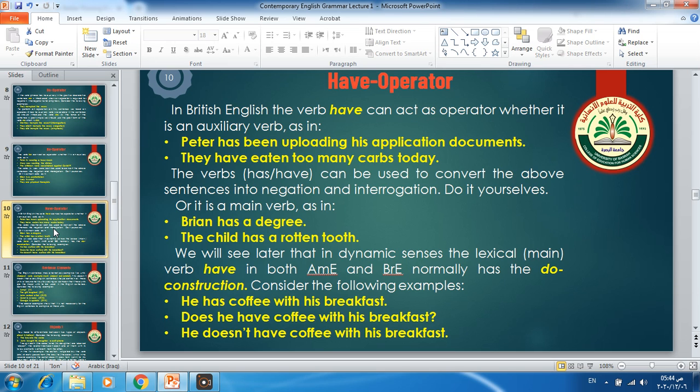This time we cannot use it to perform the operation on the sentence in which it is present. So we have to use the do operator.